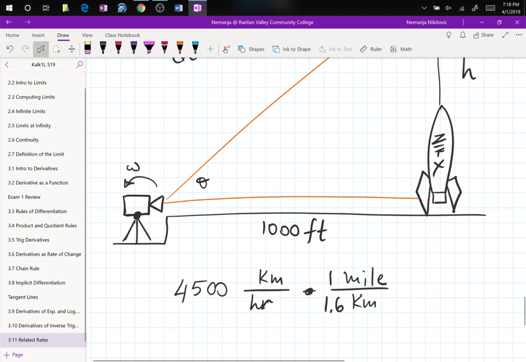So what is this calculation of 4,500 divided by 1.6? How much? 2,796. 2,796 miles per hour.